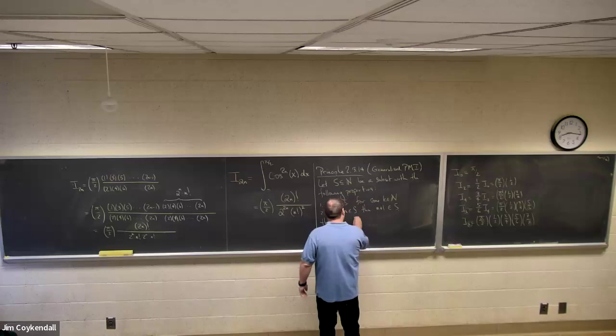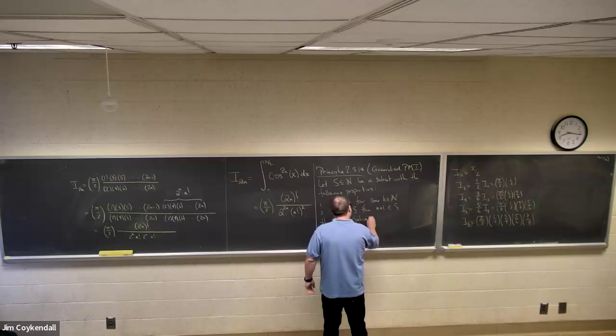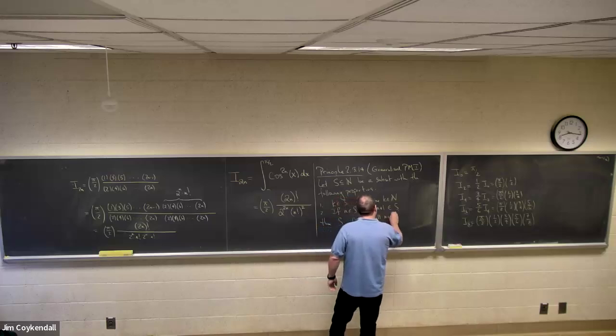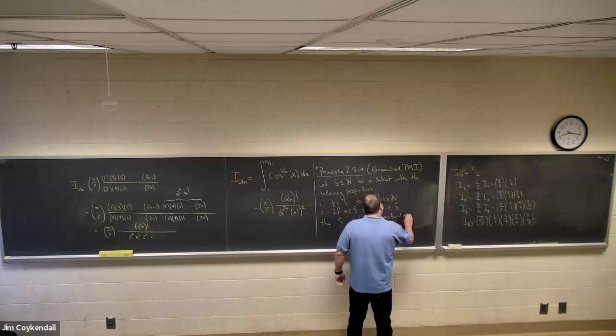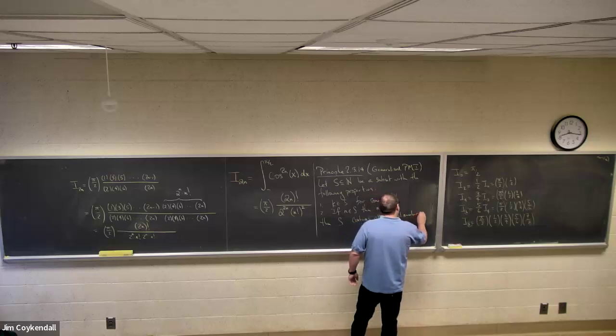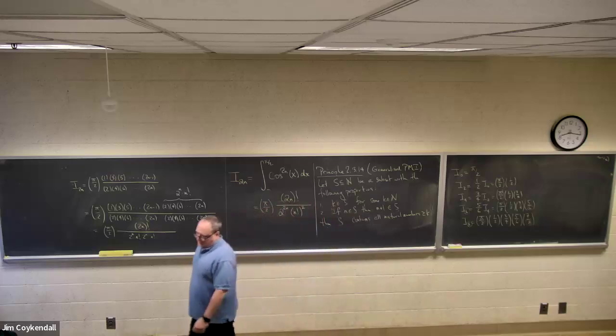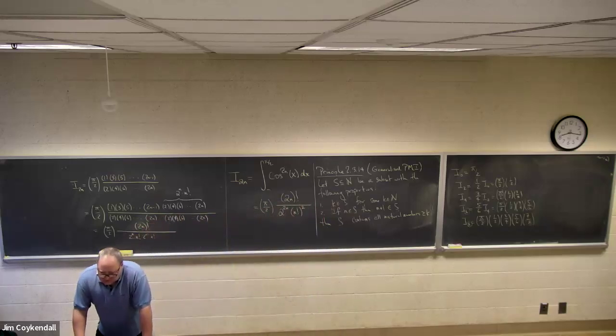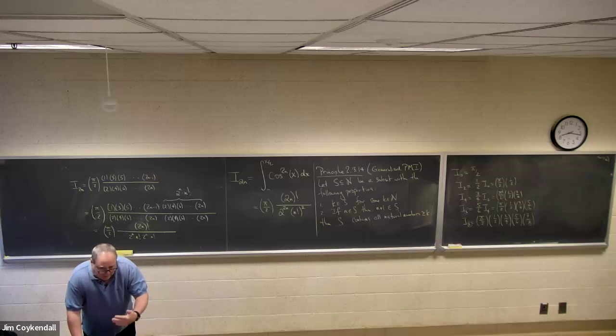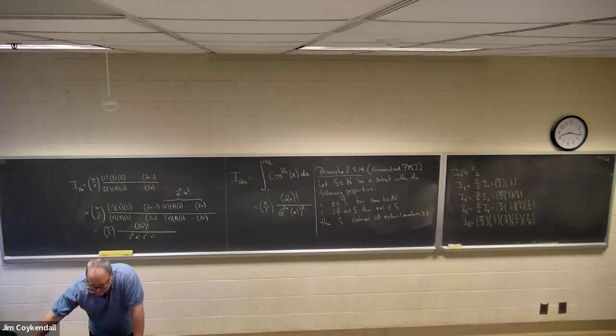Then S contains all numbers greater than or equal to K. So basically what this says is you can start, your bottom rung of the ladder doesn't necessarily have to be at one, you can make it be at some K, and then you have K plus one, K plus two, if that's what's appropriate for your problem.